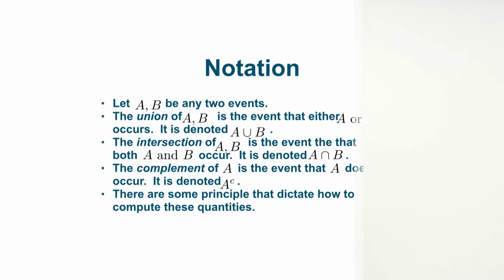Okay, so a bit more notation. It's very interesting to talk about different events occurring simultaneously, or the probability of one event happening or another event happening. So let's give a little bit of notation for this that tends to feature prominently on at least the theoretical questions for the CLEP College Mathematics exam. For 2 events A and B, we say that the union of A and B is the event that either A or B happens.